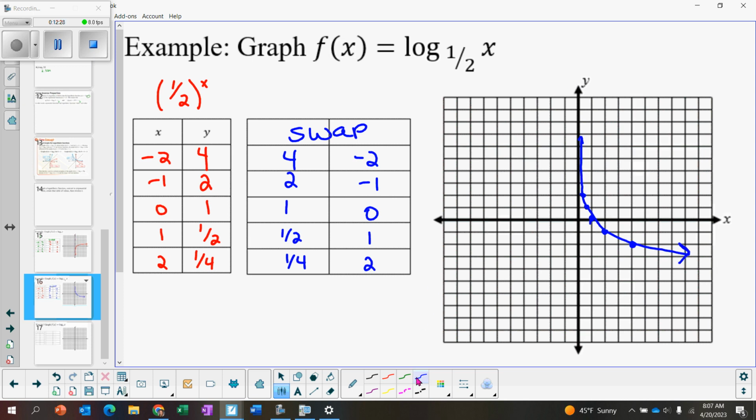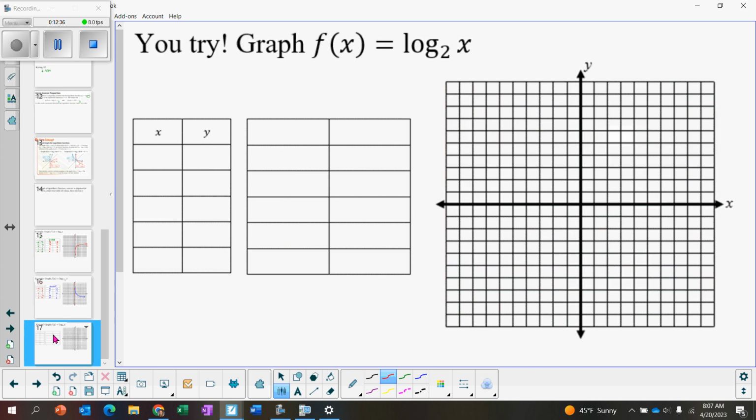Okay, and again, our asymptote would have been x equals 0. So you go ahead, try the last one, pause. When you're ready to see the answer, hit play.